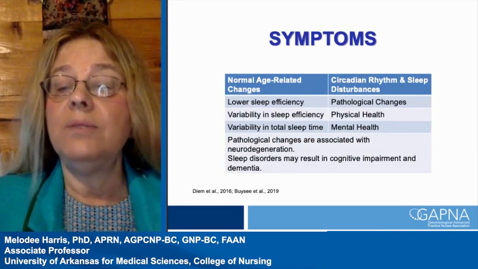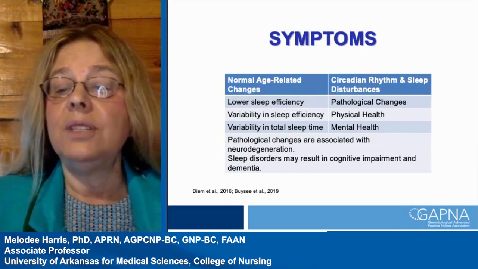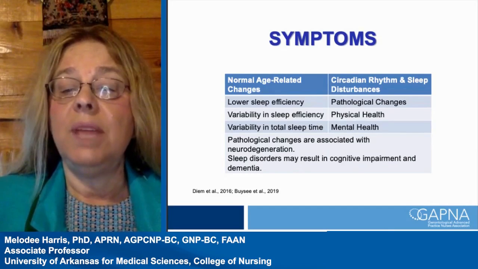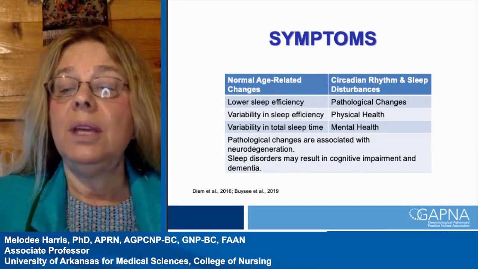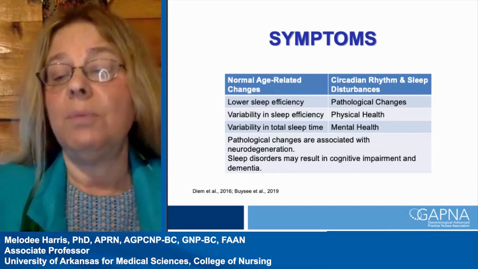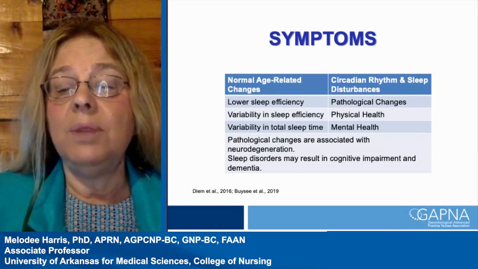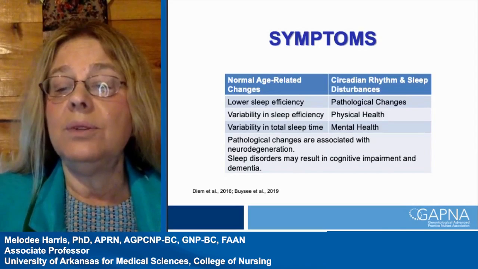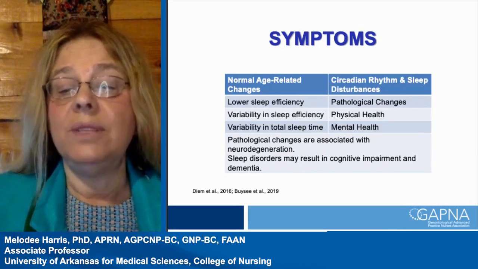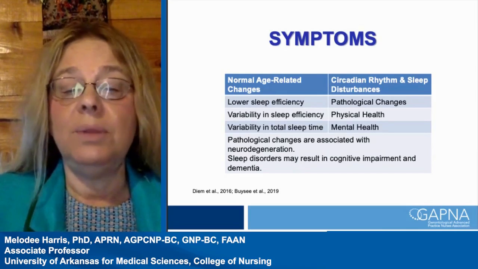One prospective cohort study showed that older adults experience lower average sleep efficiency, longer sleep latency, variability in sleep efficiency, and total sleep time that leads to a risk for mild cognitive impairment and dementia. Circadian rhythm and sleep disturbances occur due to sleep disorders, physical, mental health, and pathological changes associated with neurodegeneration.